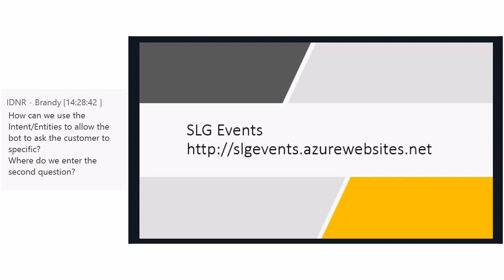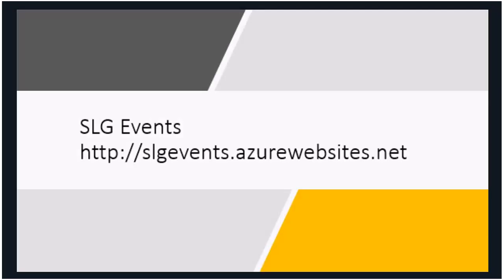So basically, Brandy, once you've got that response back and you have the intent in your code, you just basically probably do an if statement. If it's this intent, but this entity that we're looking for came back blank or null because it didn't come back, then in that spot, you would write back out to the bot output window, basically the response, saying, could you please provide this additional piece of information?